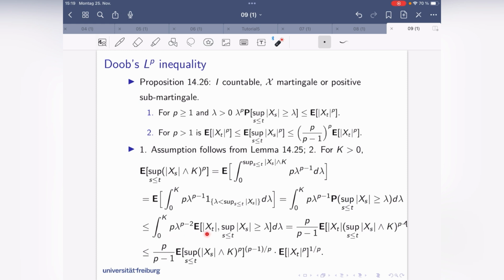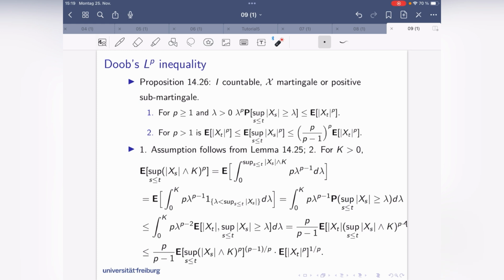And it's exactly this formula here. I get this p from here, the p minus 1 from the integration, the X_t from here, and the supremum as I did here.